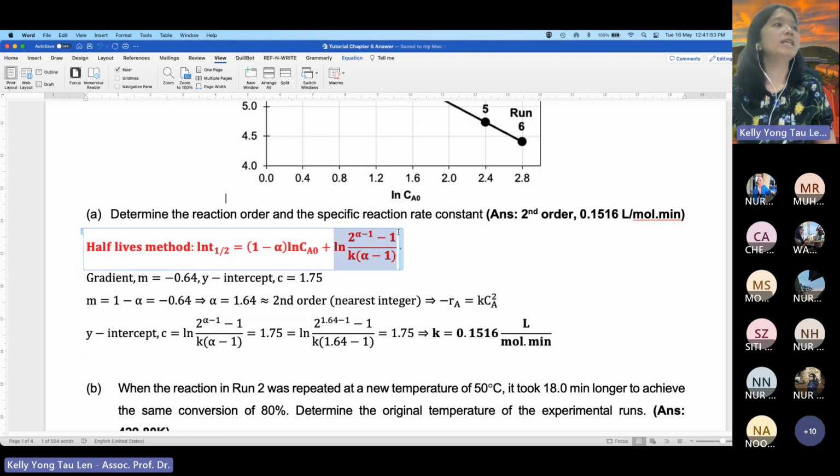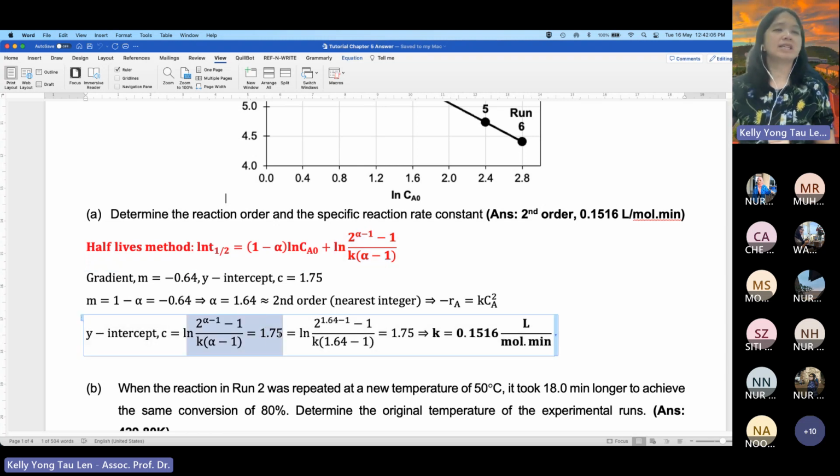So as we have already deduced, your y-intercept equals this entire expression: ln 2 power alpha minus 1 per k alpha minus 1. So this entire thing equals your y-intercept, which is 1.75. Okay, so you can replace the alpha value.